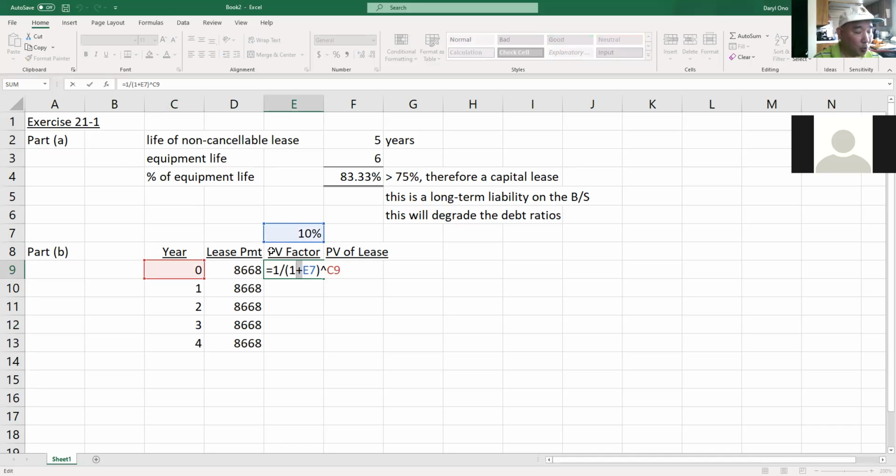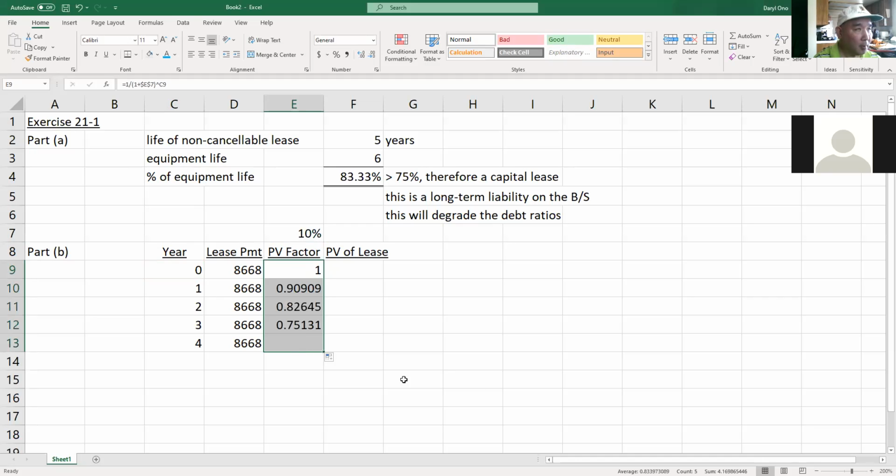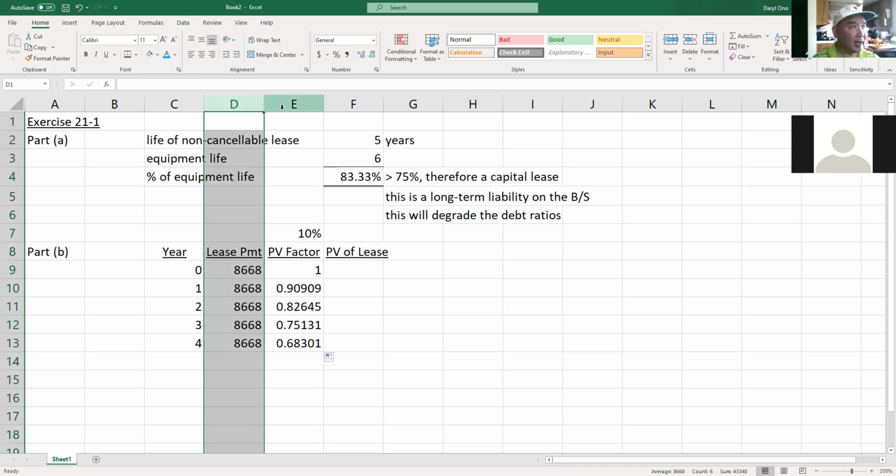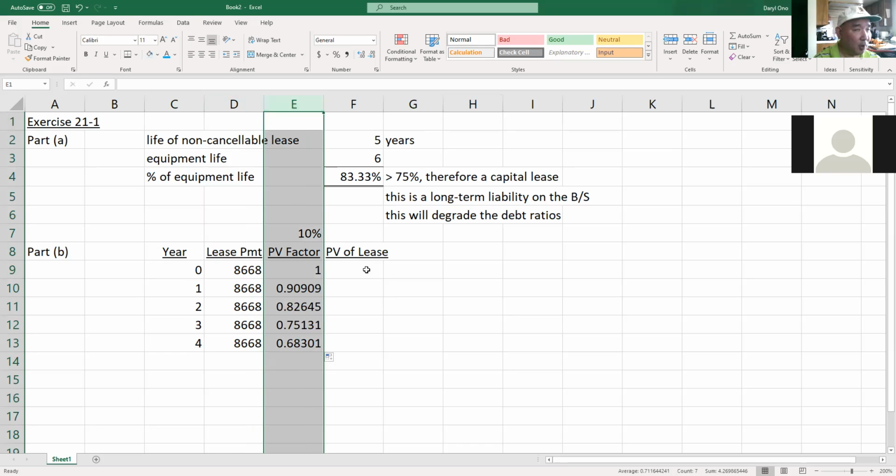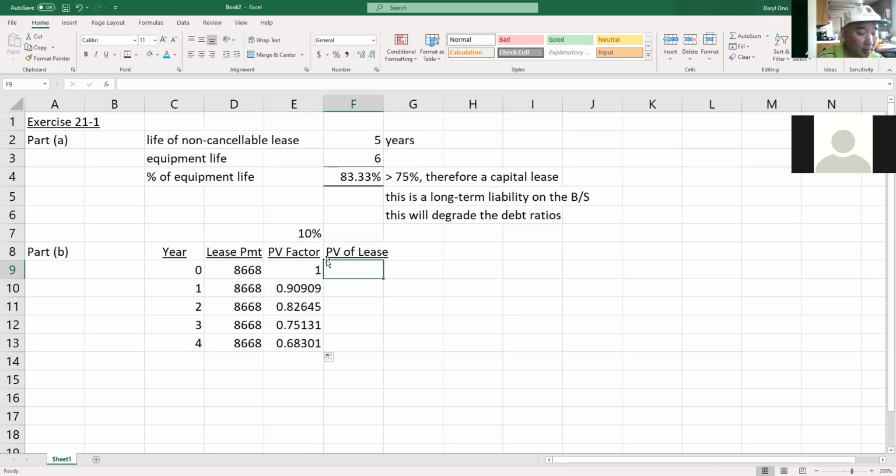And let me do an absolute reference in Excel. Okay, so the present value of the lease is going to be column D multiplied by column E. Copy this down.